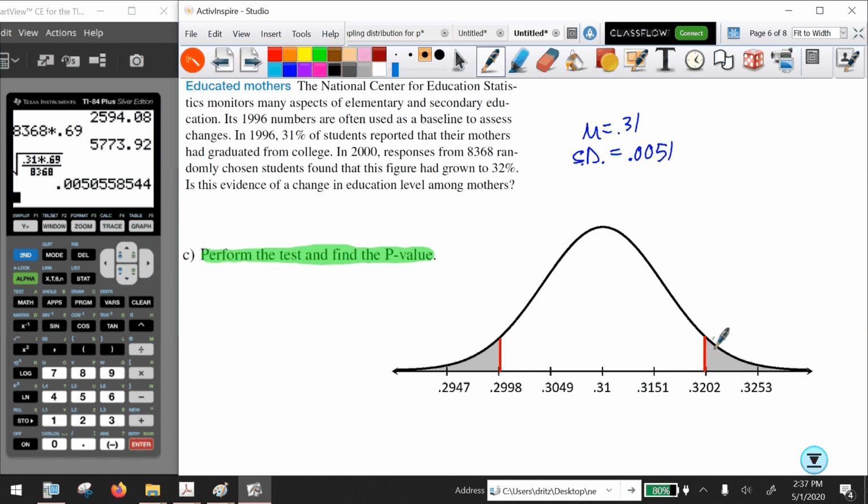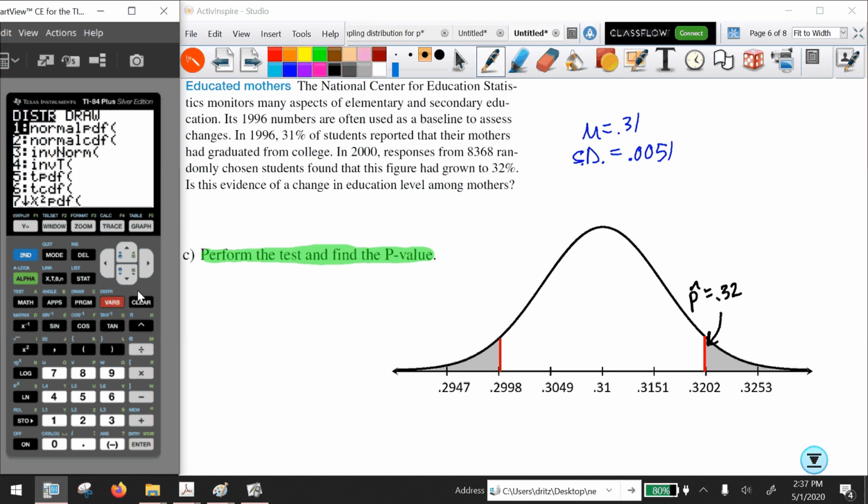Now, what we can do is make use of the symmetry of the normal model. I'm just going to find this area here and then multiply that answer by 2. So our p hat was 32%, and we're going to get that area by using the cumulative density function for the normal curve. I'm going to set my lower limit at 32% and my upper limit at infinity.